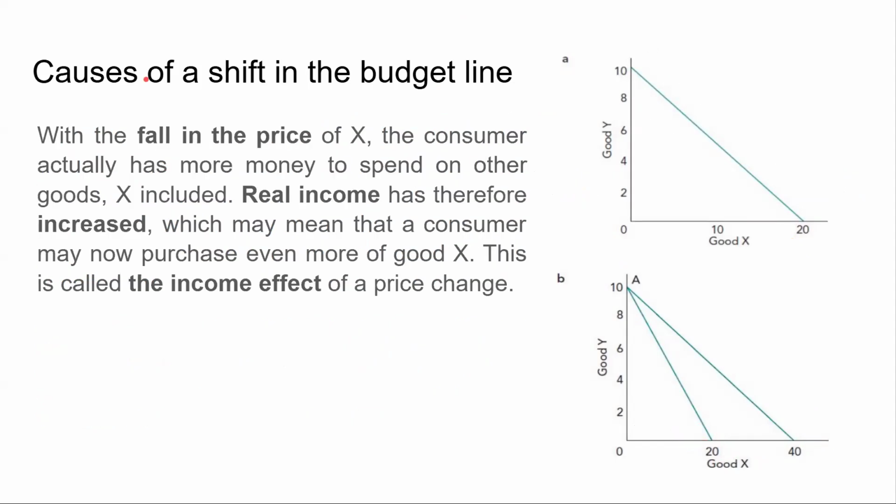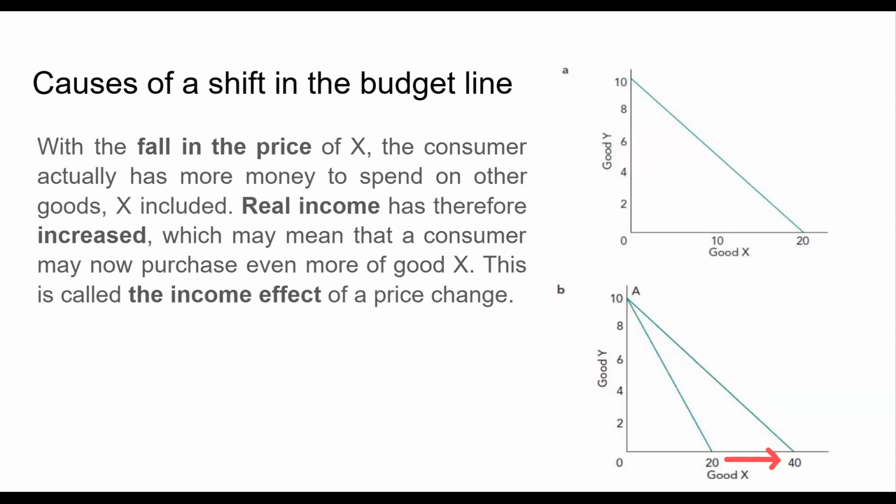Next one. Again, this is also the follow-up impact. If there is a fall in the price of X, the consumers will surely buy more of goods X. This is called the substitution effect. You will always substitute to the cheaper goods.